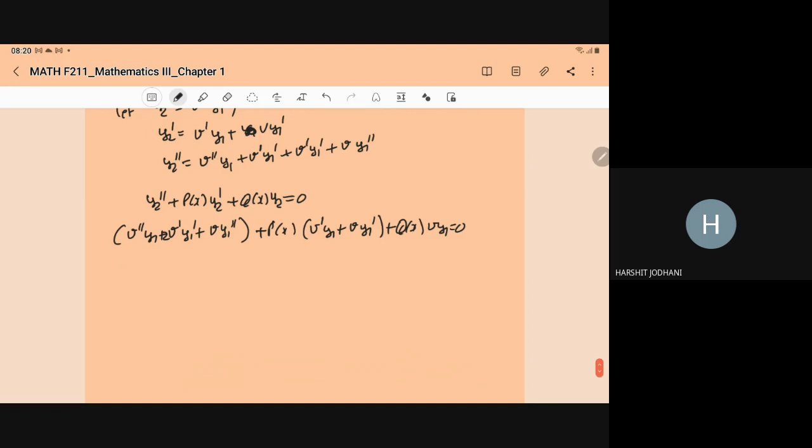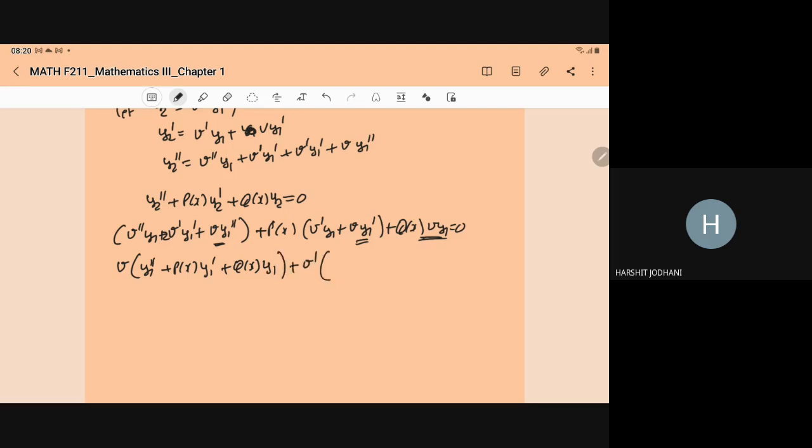So when we collect the coefficient of v, from the first bracket we have y1 double dash, from the second bracket we have p(x) y1 dash, and from the third bracket we have q(x) y1.